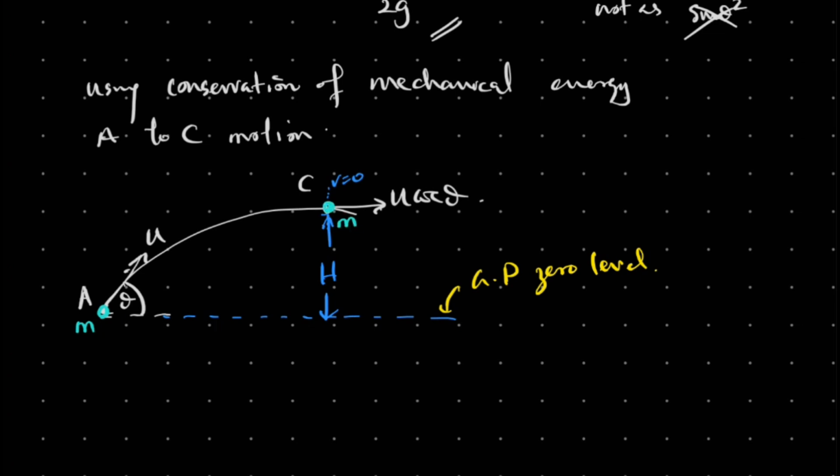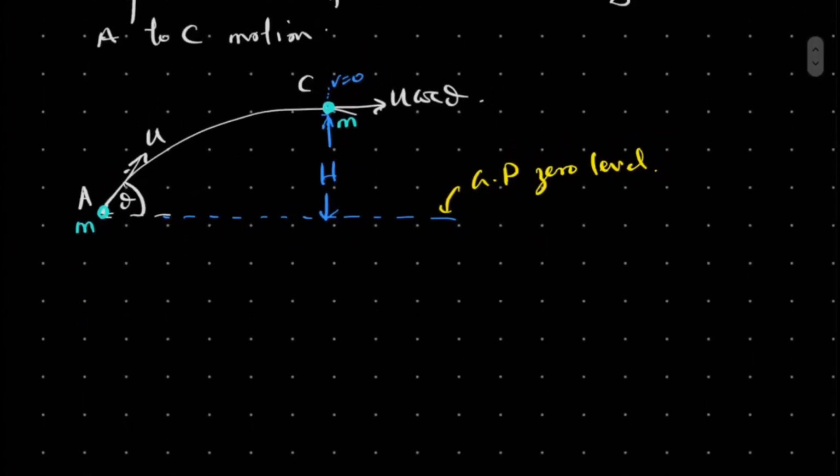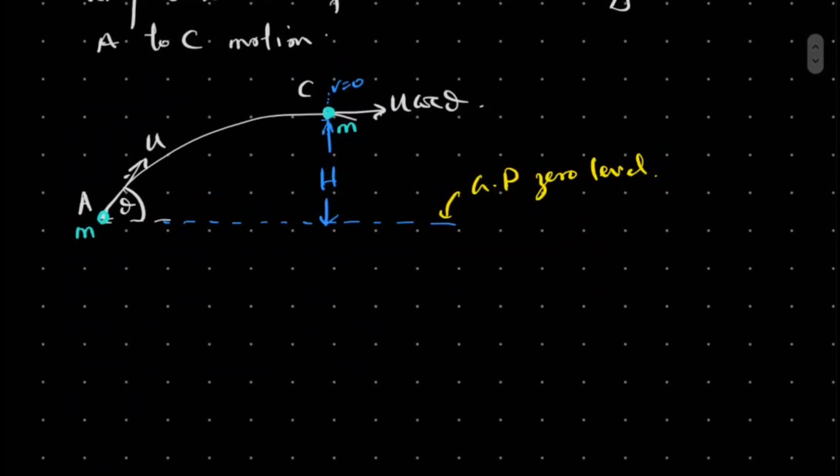I'm going to write at A and C the total mechanical energy of the mass M. At A, I have a kinetic energy of half m u squared, and since I consider the gravitational potential zero level to be at the horizontal level of A, my gravitational potential energy is zero.